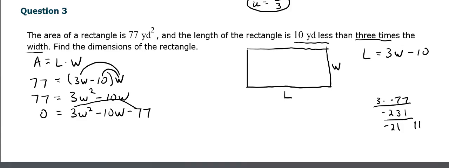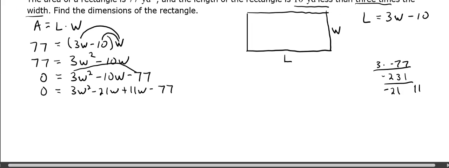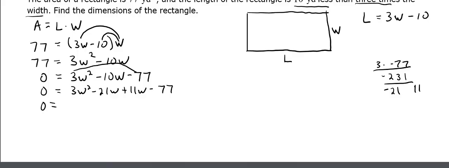So now we rewrite our expression using negative 21W and positive 11W to rewrite our middle term. And next, we're going to factor by grouping. So in our first group, we can remove a 3W, and that leaves us W minus 7.